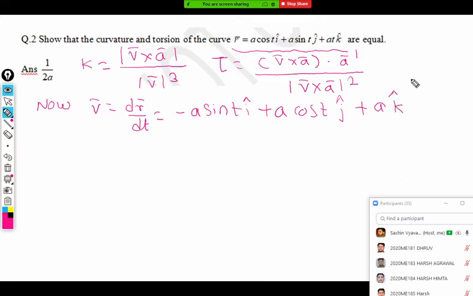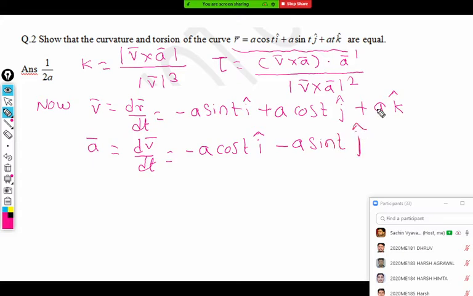So this is the velocity vector. Acceleration vector now: it's dv bar by dt, and it comes minus a cos t i cap minus a sin t j cap. The k component goes to 0 with the differentiation.